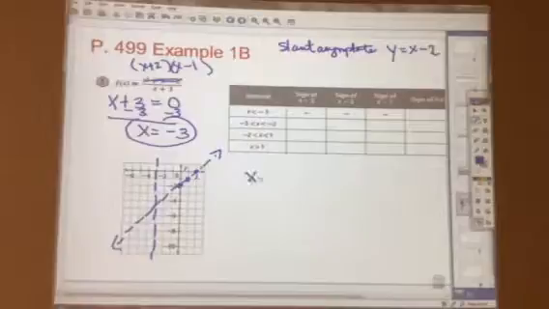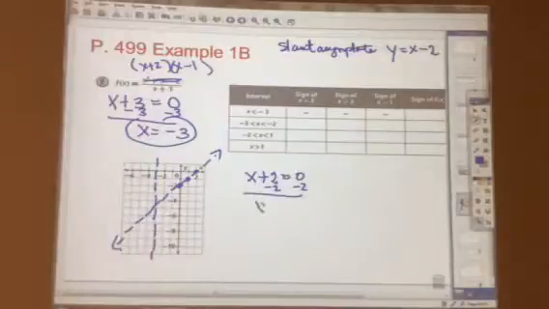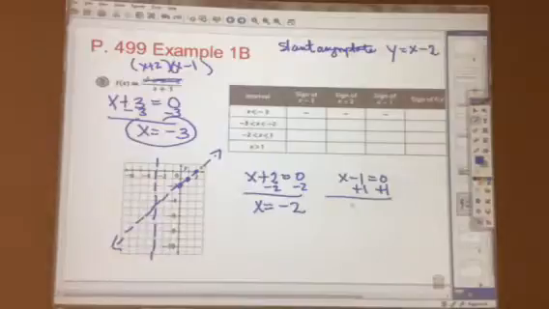So x plus 2 equals 0, x equals -2, and x minus 1 equals 0, x equals 1. I know that my graph is going to cross right there at -2, and right there at +1. Those are important points.